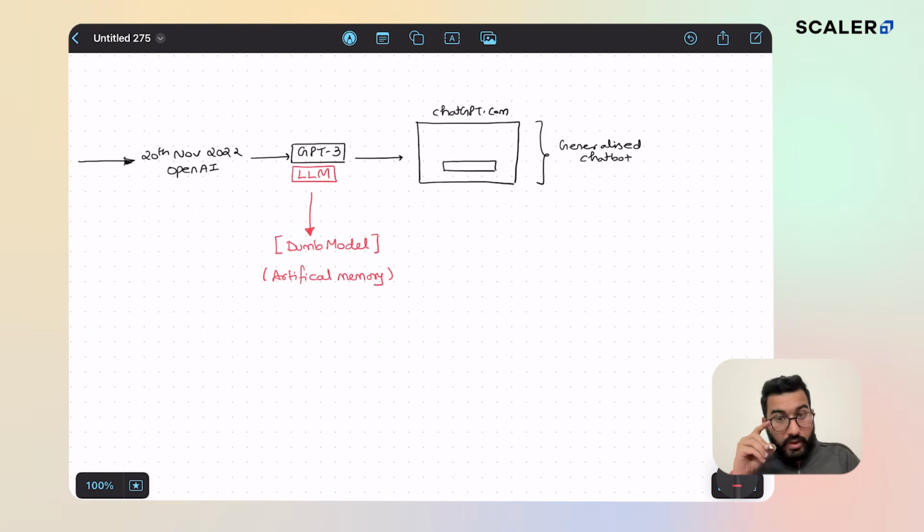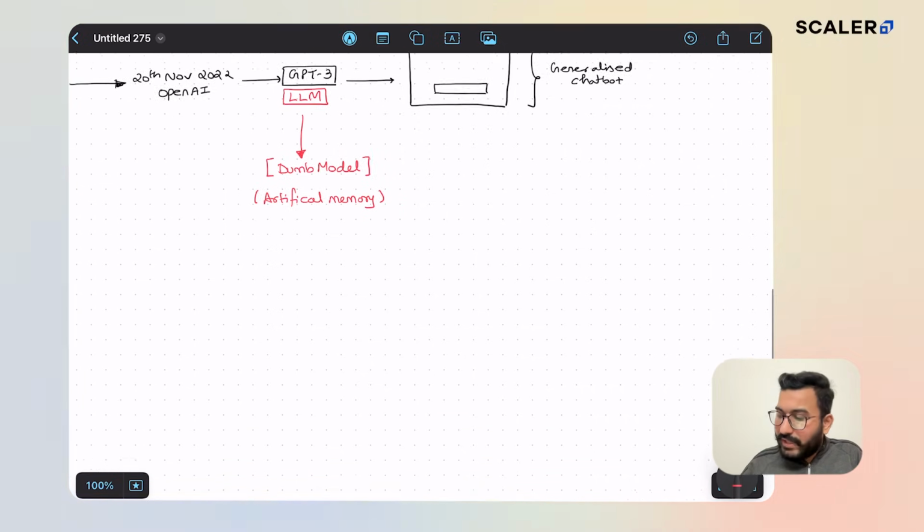And why am I calling it a dumb model? Because this model was only generating text based on the previous text that it had already generated. So let's understand how this dumb model was functioning, and why I am calling it artificial memory.